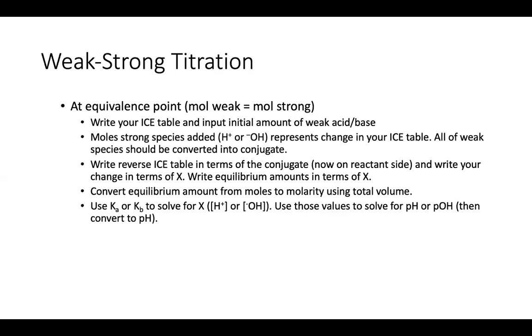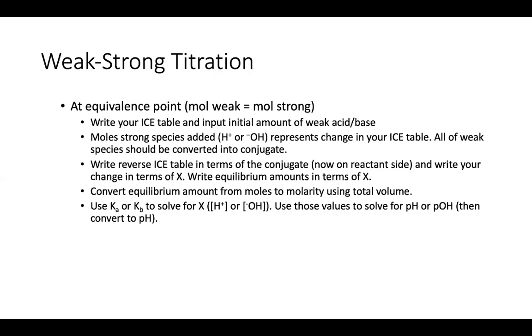You're going to react it with water to create your conjugate acid and hydroxide. So your conjugate base is now going to be a reactant in your reverse ice table, and it will have some initial amount.